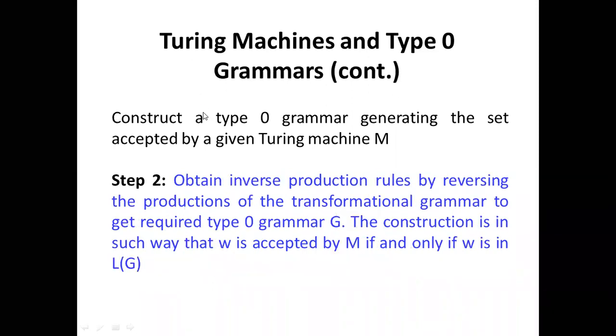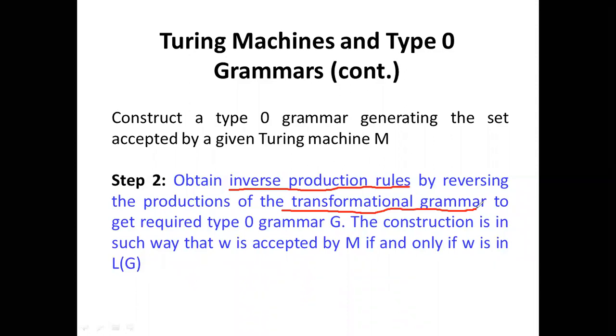Now step 2: obtain the inverse production rules by reversing the productions of the transformational grammar in step 1 to get the required type 0 grammar G. The construction is such that W is accepted by the Turing machine if and only if W is in L of G. So W is within this language.